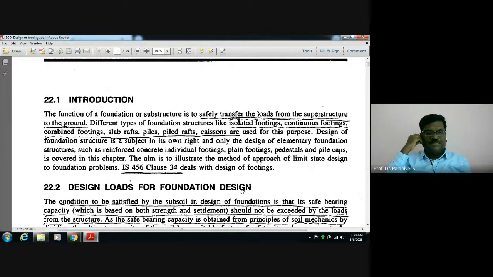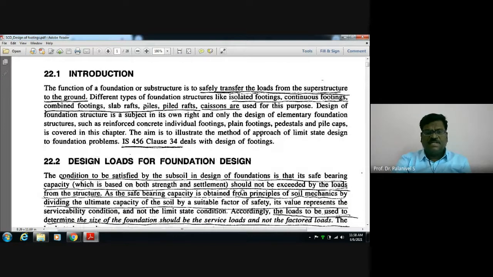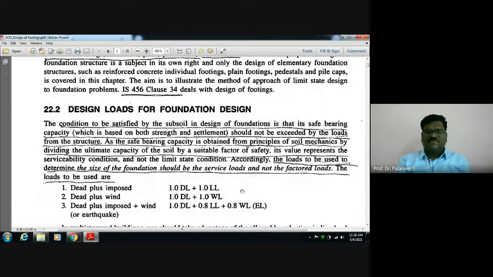Design loads for a foundation. A condition to be satisfied in design of foundation is that the bearing capacity of the subsoil, based on both strength and settlement, which the soil can withstand without excessive settlement, should not be exceeded by the load from the structure.